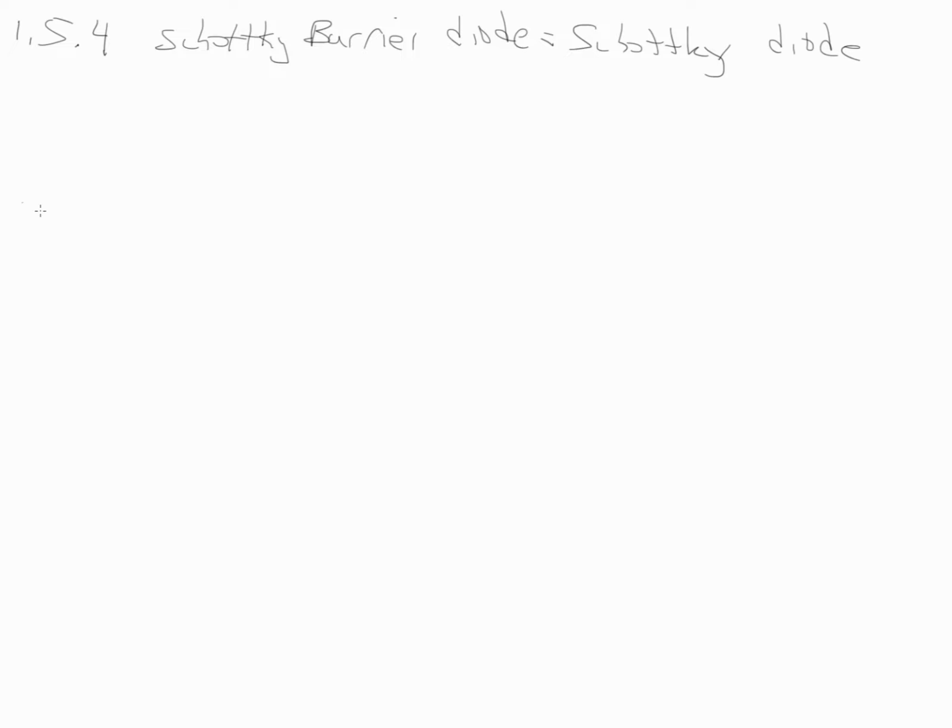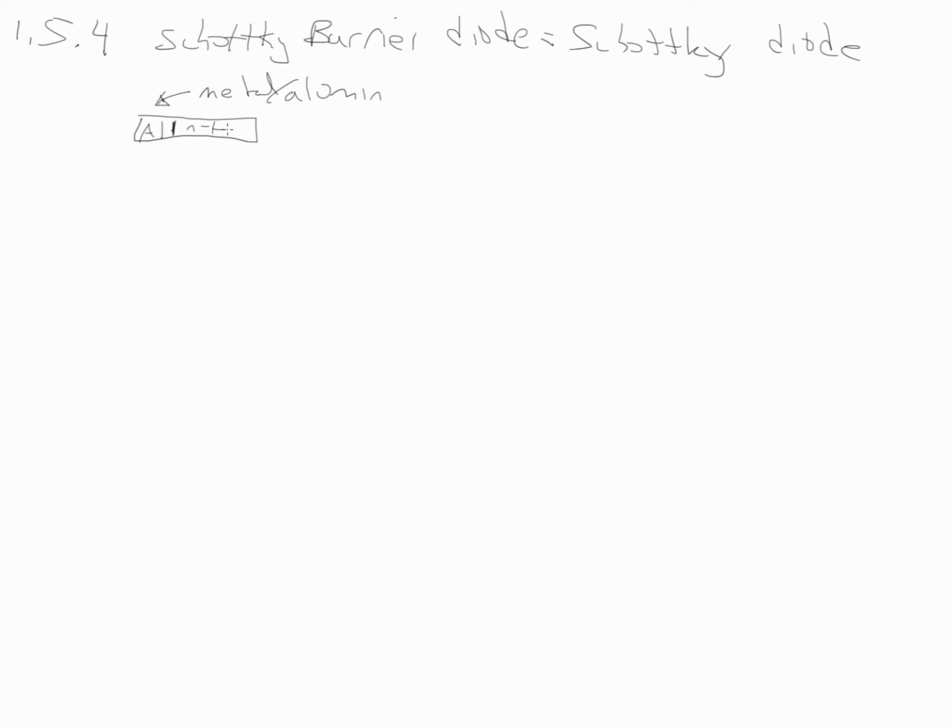And they show a picture of it. It's like a barrel, and it has a metal, usually aluminum, end. So it's not like a p-n junction, it's a metal n junction.